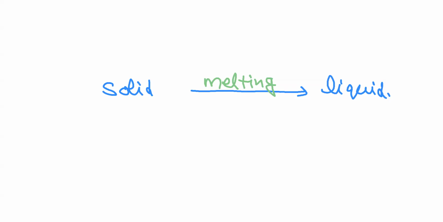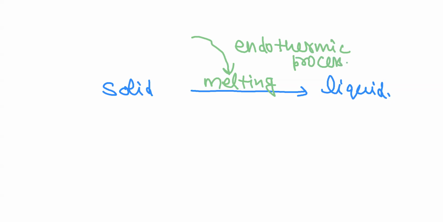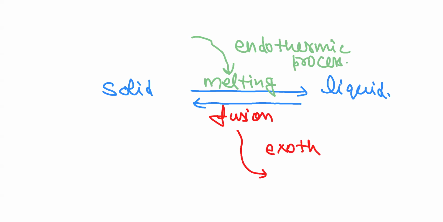You have to provide heat, so it is an endothermic process. Clear? Yes, sir. And the conversion of liquid into solid is known as freezing or fusion. It is just the reverse, so it is exothermic. Note down this.